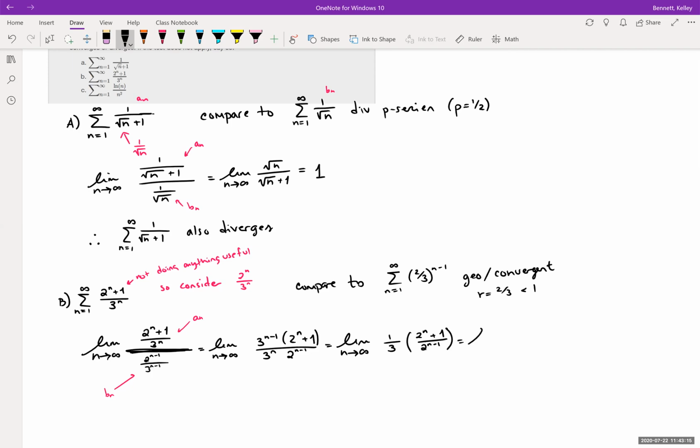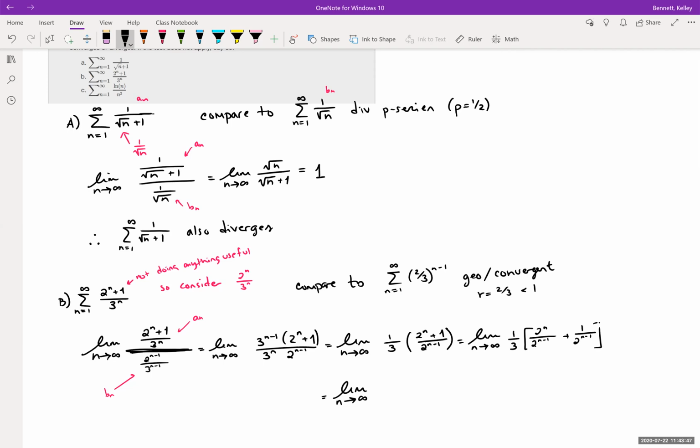I could split this up. 2 to the n over 2 to the n minus 1 becomes 2. And then the 2 to the n minus 1 in the denominator will go to 0.